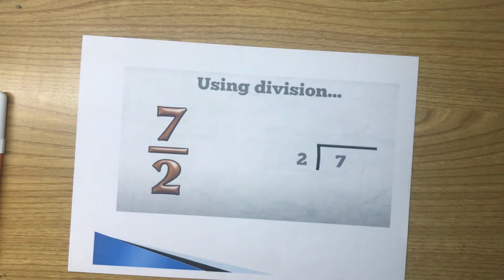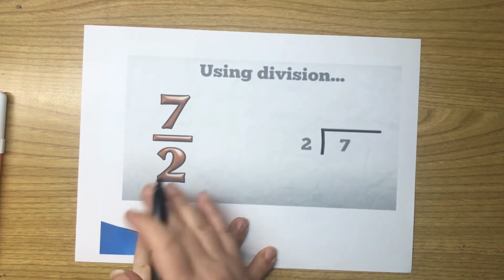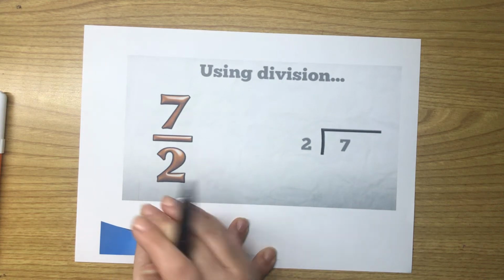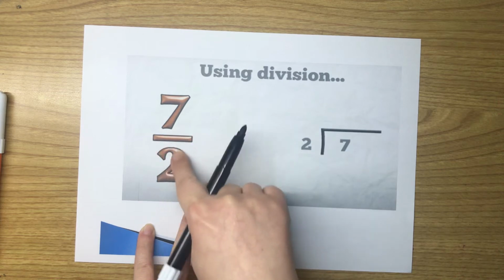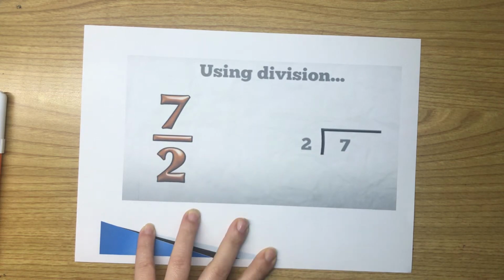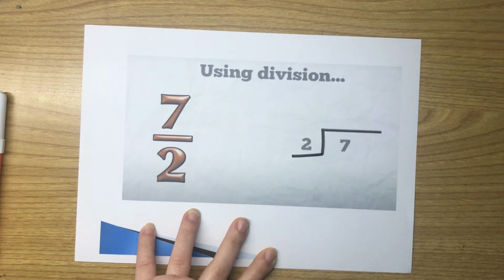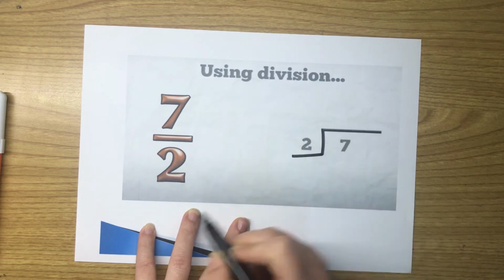Okay, the way is, guys, to work it out using long division. By the way, a fraction is another representation of division. That means 7 is going to be divided by 2. So 7 divided by 2, that means how many 2's in the 7?